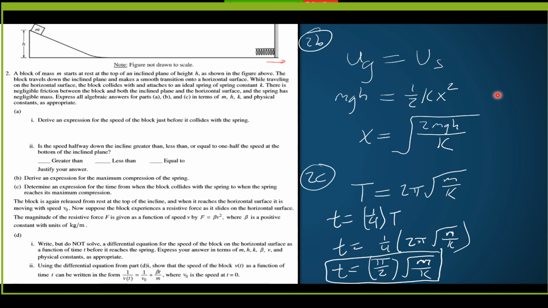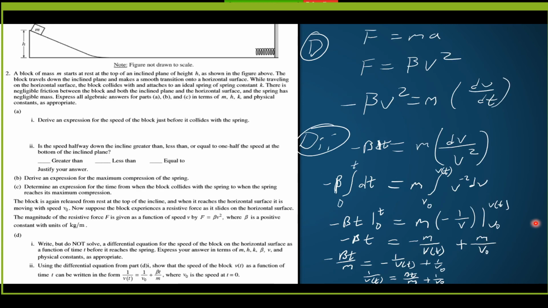So I can just multiply 1/4 times our expression for the period of the spring to get our final answer. The time that we want is pi over 2 times root m over k, which is the time that passes from when we collide with the spring to when the spring reaches its maximum compression. Any questions on 2c? No question.